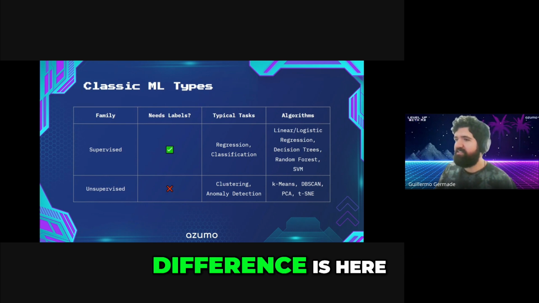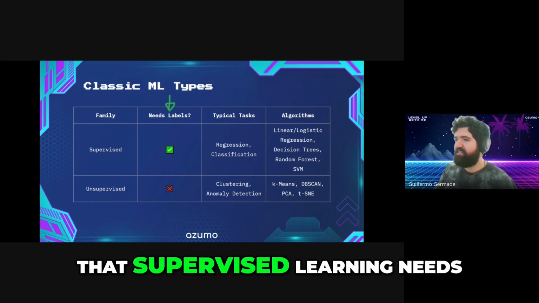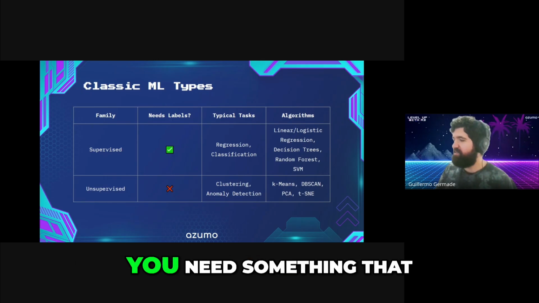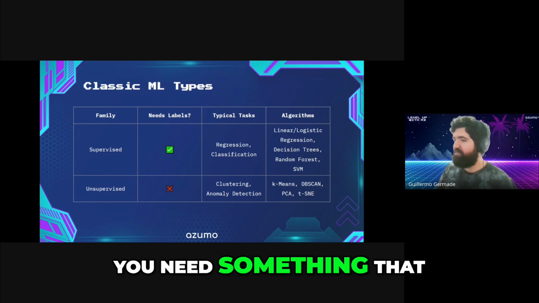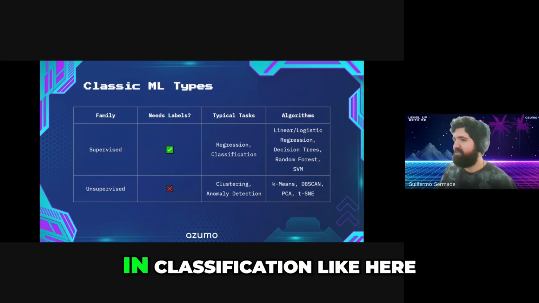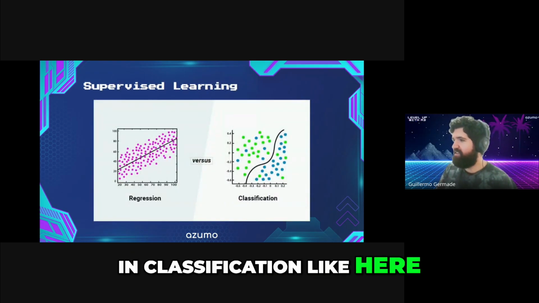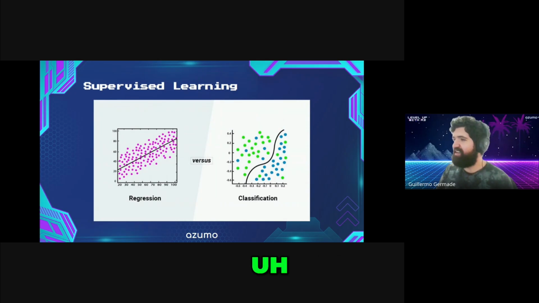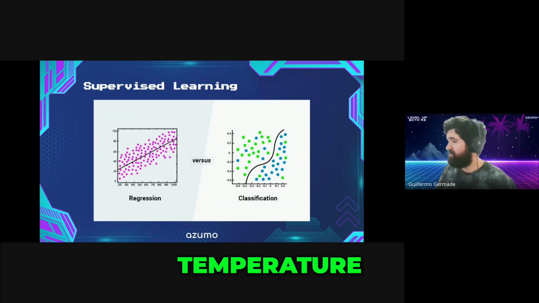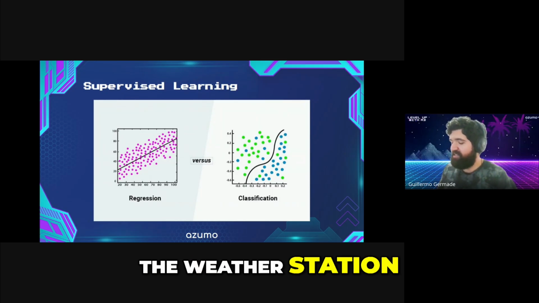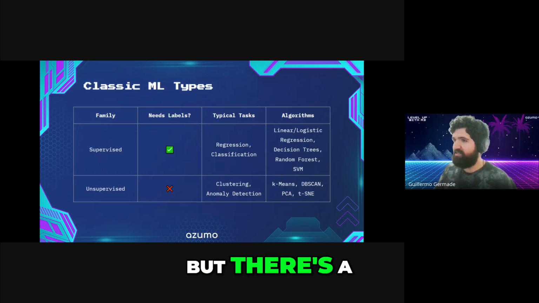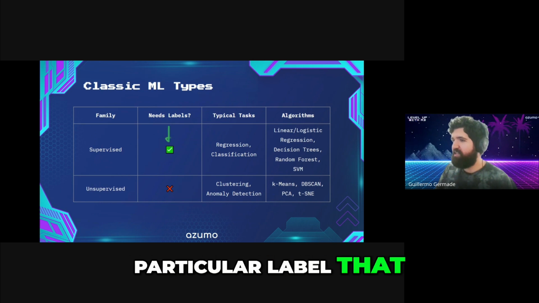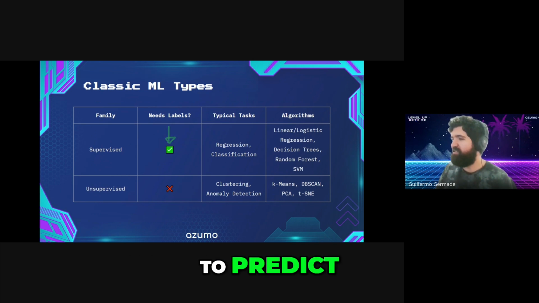The key difference here is that supervised learning needs labels. You need something that, for example, in classification, like here, the label would be whether to approve or deny the loan. And in here, it could be the ice cream sales, or it could be a temperature that the weather station is trying to predict. But there's a particular label that you need to try to predict.